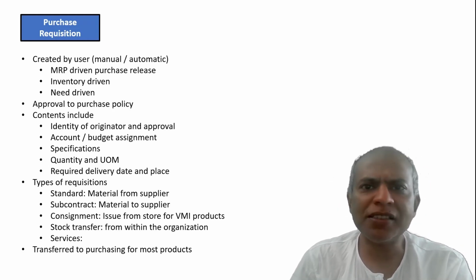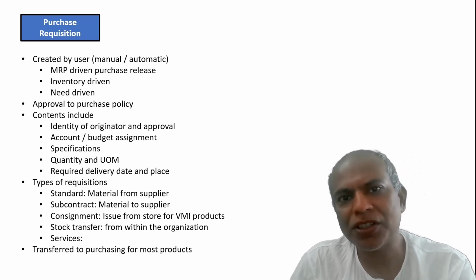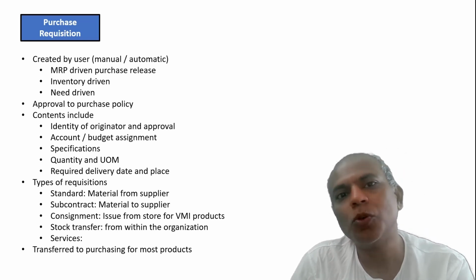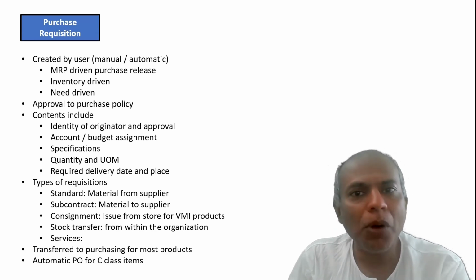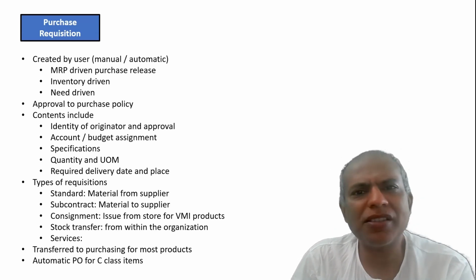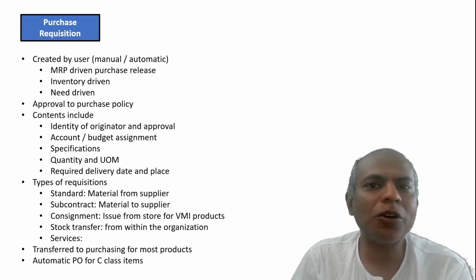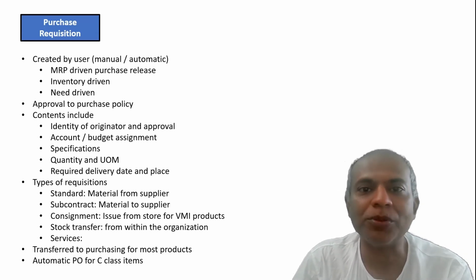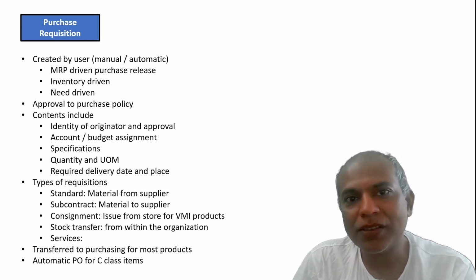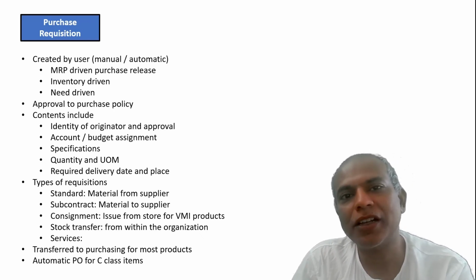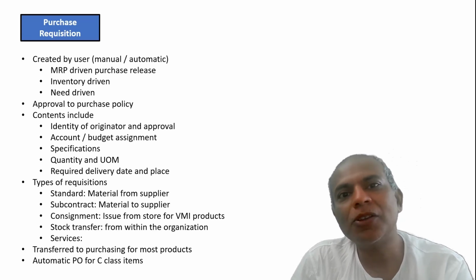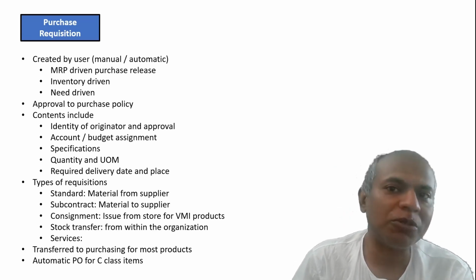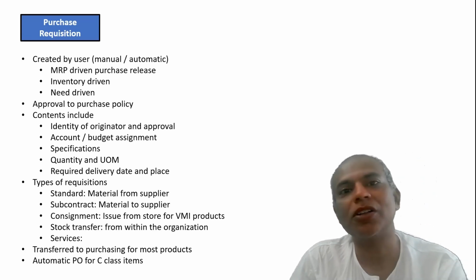In most cases, the requisitions are transferred to purchasing, who have their own process for approval of these products. But in some cases, especially C class items, you don't want that entire process to happen. So as soon as a requisition is created for a C class item, let's say office supplies, that requisition could automatically get converted into a purchase order.